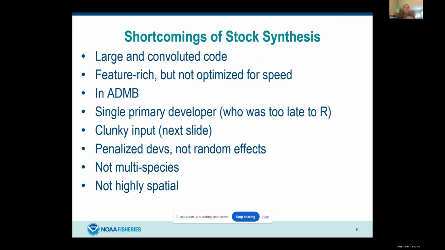So there are a lot of shortcomings that developed along the way too. It's a huge and convoluted code. I mean, it's probably pushing 40,000 lines of C++ now. It's really feature rich, but it was never optimized for speed. It was always good enough for speed. It's in ADMB, and ADMB has come to its development end itself.